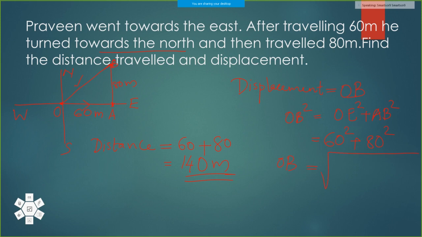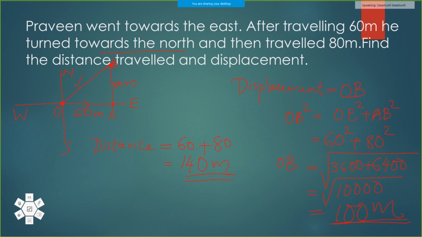And OB will be root of 60 square, 3600, plus 80 square, 6400, and you will get 10,000, and root of 10,000 is 100 meter. So this is our displacement, the shortest distance between the initial and final positions.